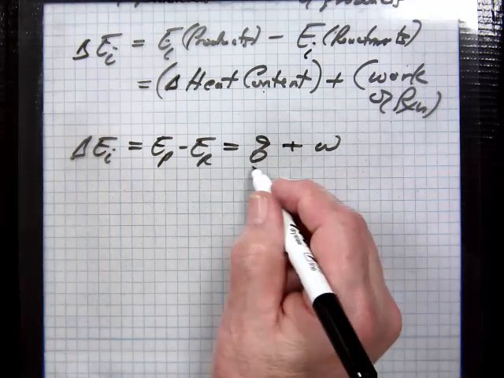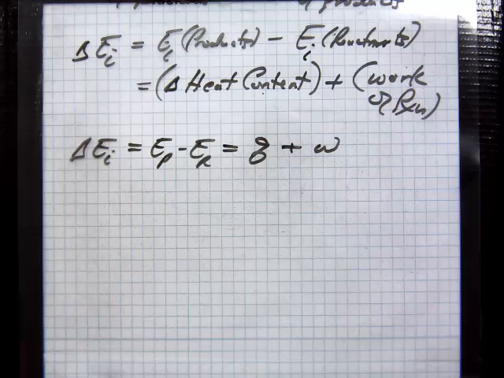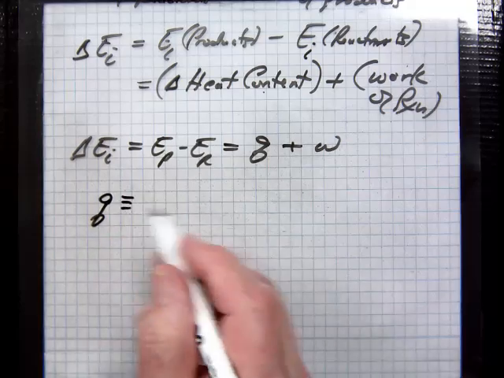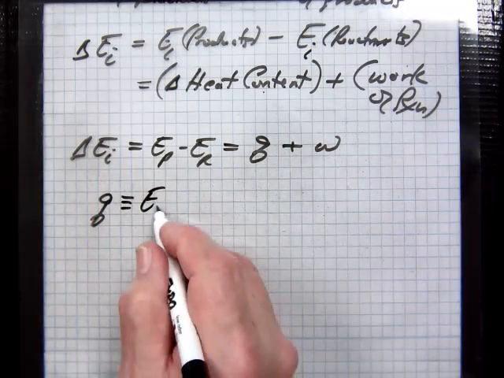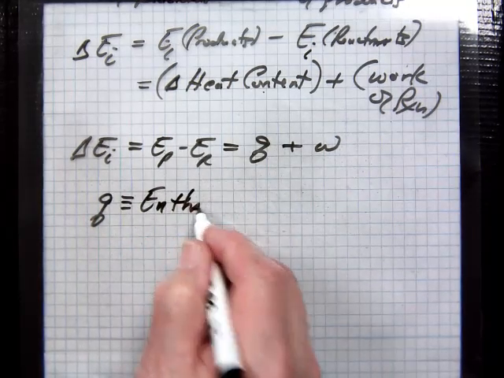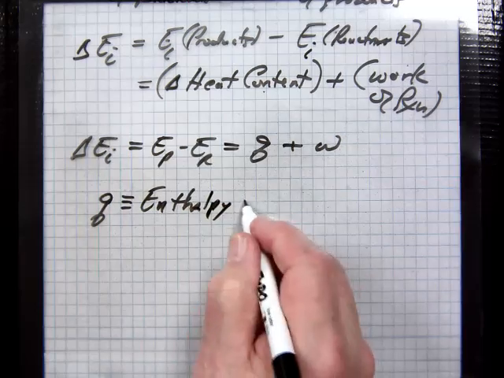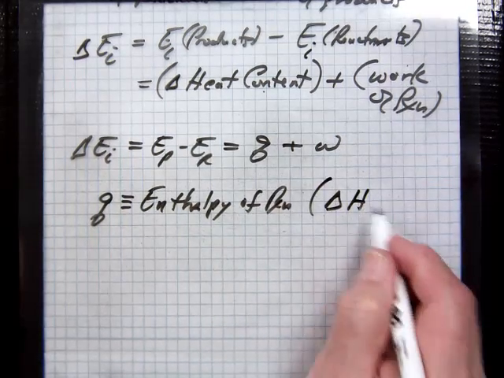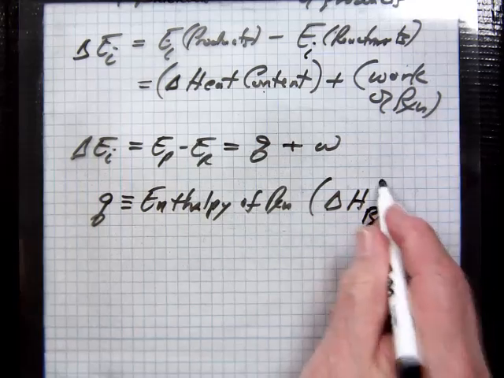Q, being the heat of reaction, is also called enthalpy. And you'll see that many times. And it's given a symbology delta H of reaction with a little circle at the top.